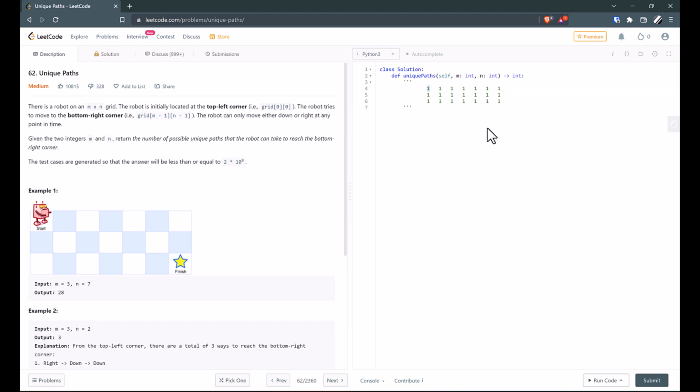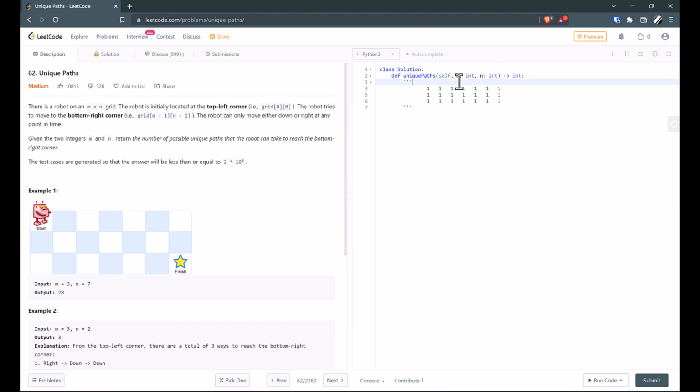Okay, and if the grid size was 1 row and 2 columns, the number of possible paths would have been just to move right. That means only one. No matter the number of columns, if there is a single row, it would always be 1, because we cannot move anywhere else.